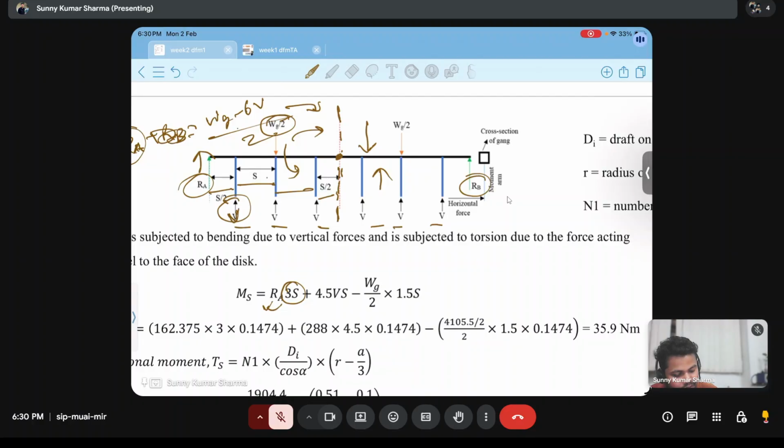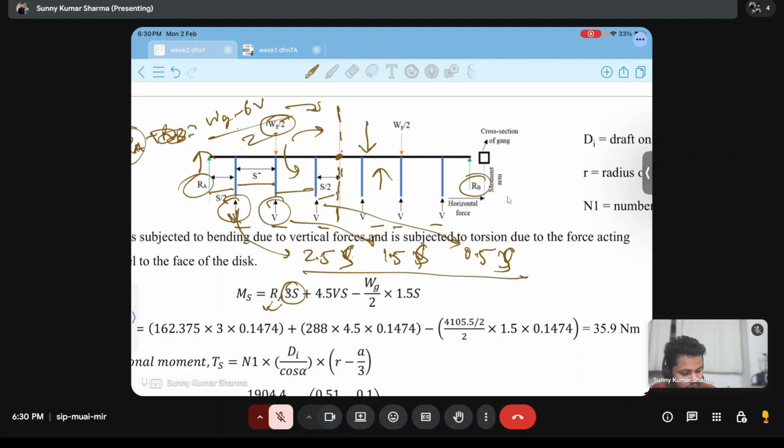This V is working at a moment arm of S plus S plus S by 2, that is 2.5S. So this V is acting at 2.5S, this V at 1.5S, and this V at 0.5S. So what is the total? It is 4.5S.